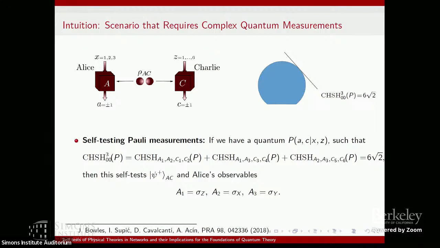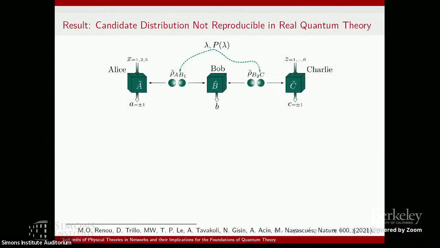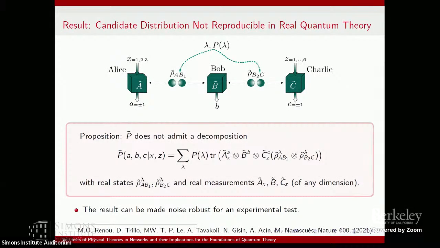So I think this is as much intuition as I can give about it. Then it's really about doing the computation and seeing that it works. And this is what we did. What we tried then is to see, if we have real states and real measurements, can we recover this distribution P bar?